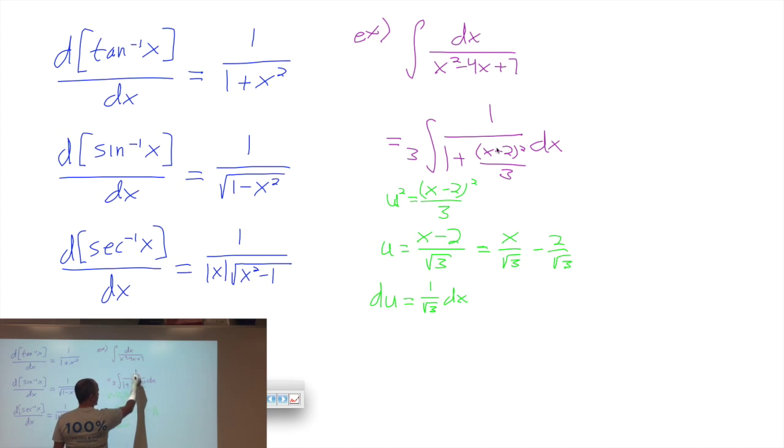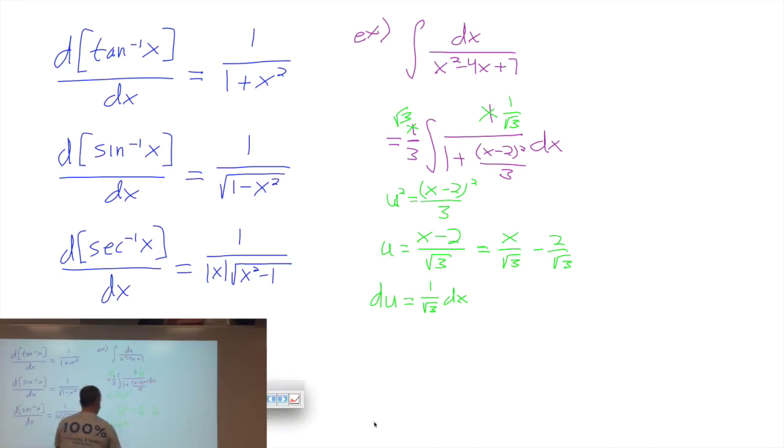I don't have a 1 over root 3 dx. I have a 1 on top. So I need to put a 1 over root 3 up here. And I can balance that by putting a root 3 out here.